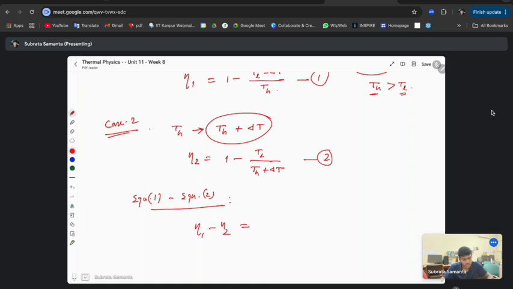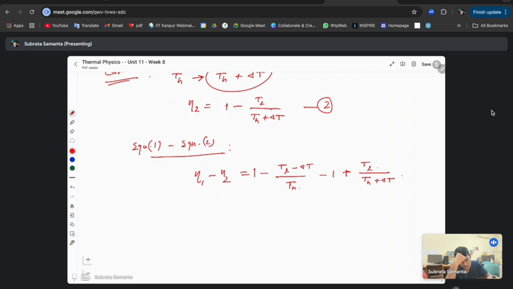So the 1 is cancelled, so this becomes minus TL over TH plus delta T, that's 1 minus this, and minus 1 plus, sorry, eta 1 is TL minus delta T over TH, and this one is TL over TH plus delta T, right?